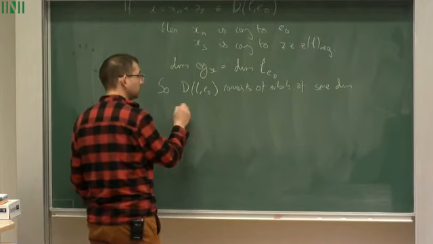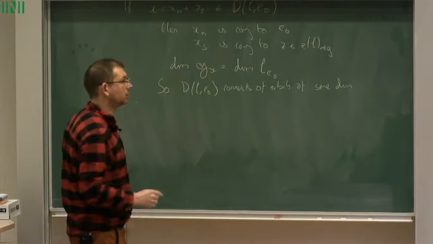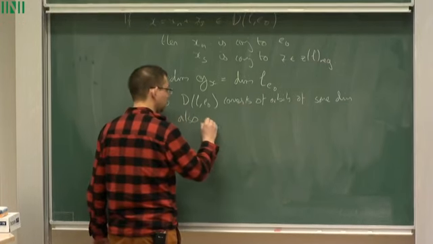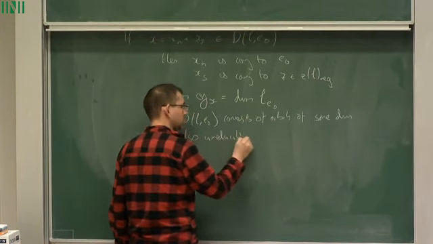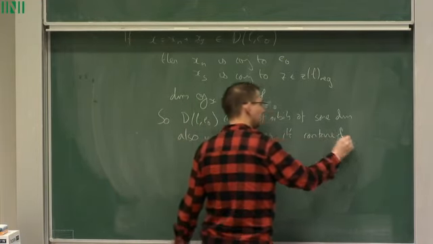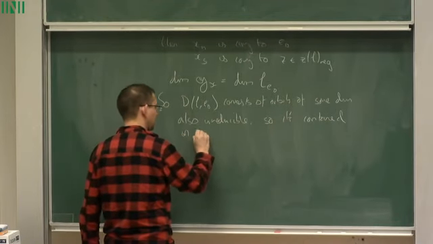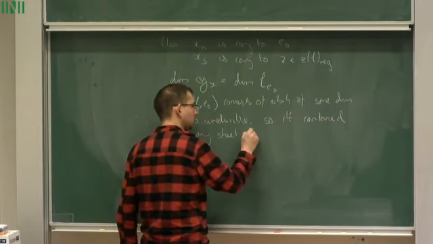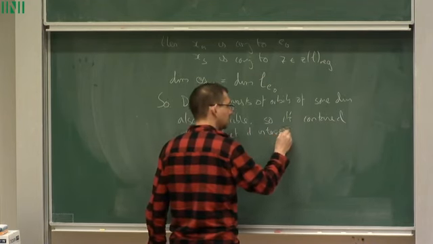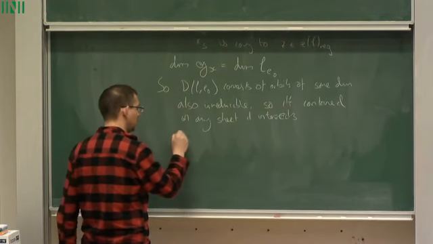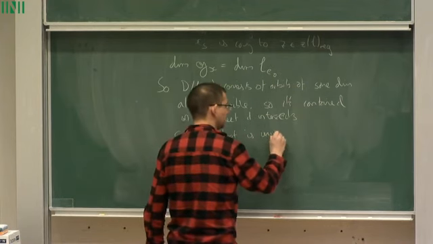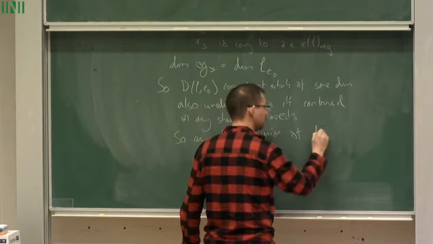And it's also irreducible because it's the image of two irreducible varieties. So it's contained in any sheet it intersects, and therefore any sheet is the union of some decomposition classes.